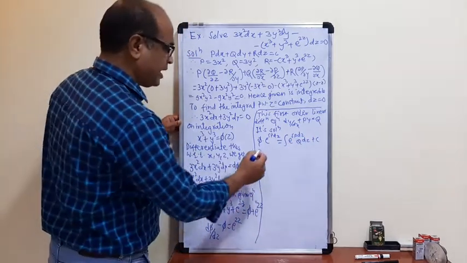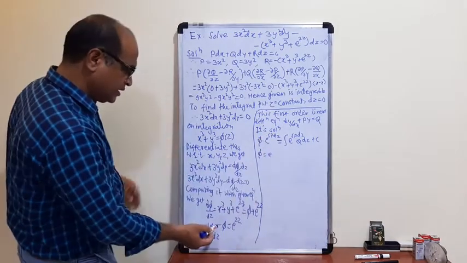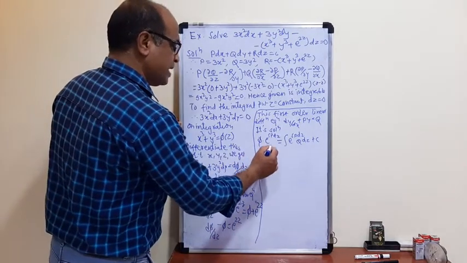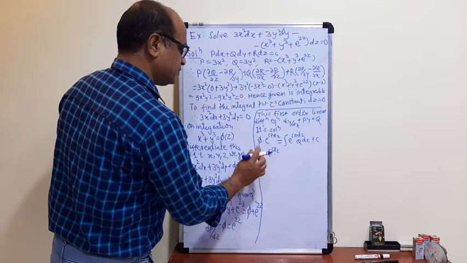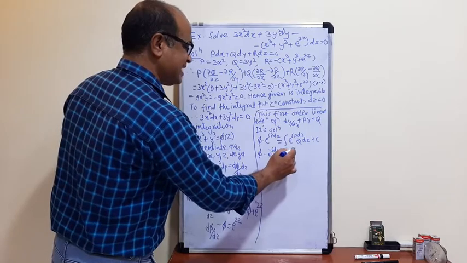So therefore phi is equal to e raised to, what is p? Compare this. P is minus 1, so minus dz, e raised to minus dz.